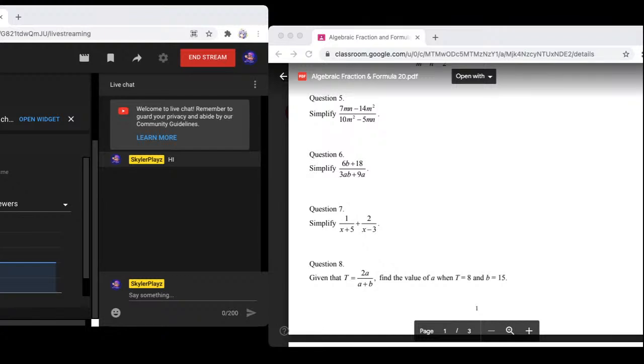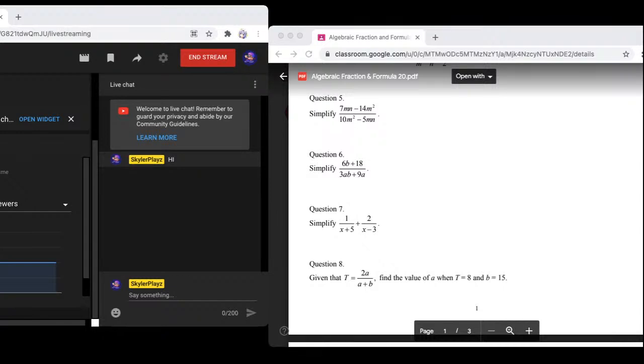The 7th question. 1 divided by x plus 5 plus 2 divided by x minus 3. So, expand the fraction, and we can get x minus 3 divided by x plus 5, x minus 3, and then 2x plus 10 divided by x plus 5, x minus 3.